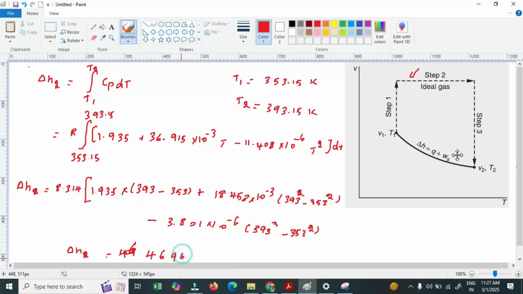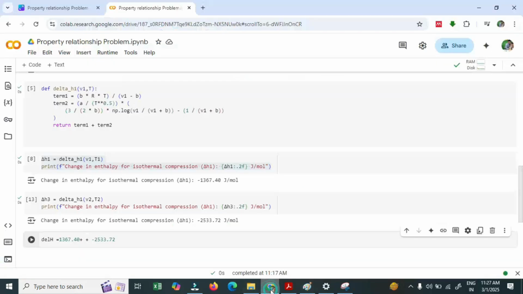I will be using the Python code again, at least for this one, with 4696, and then let me execute the code. My del H value will be 3529.